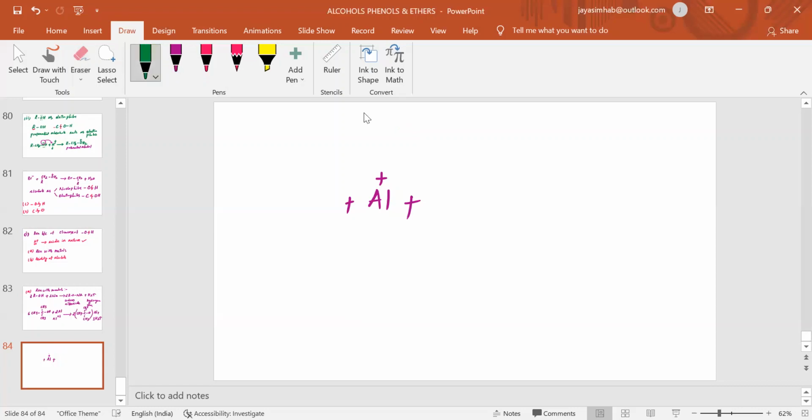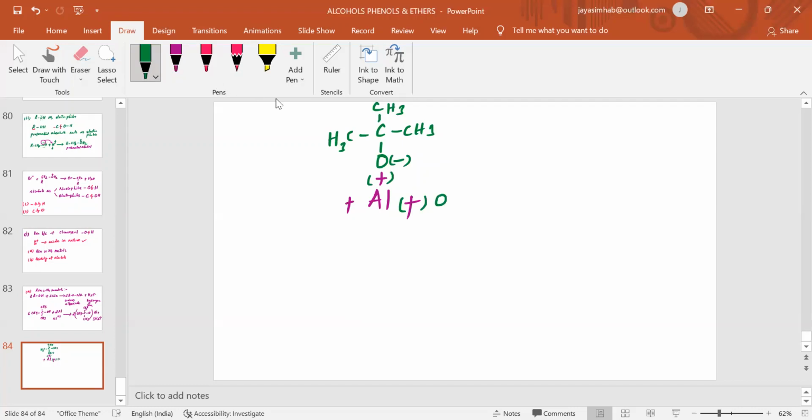So we can write oxygen like this, attached to the alcoholic carbon, which is a tertiary carbon. This is neutralized by 1 negative charge, and this is the positive charge.